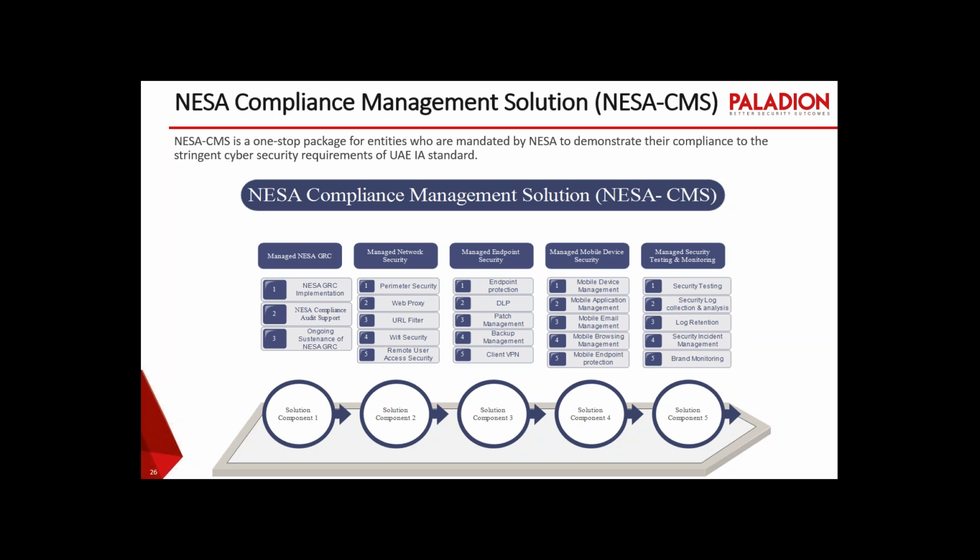Then the third component is on the endpoint side, so building endpoint protection, providing DLP, managing your patches, managing backup of your endpoints, which primarily includes the server as well as the desktop and laptop, and client VPN connections. The fourth component is managed mobile device security, which includes mobile device management, mobile application management, mobile email management, mobile browsing management, and mobile endpoint protection.